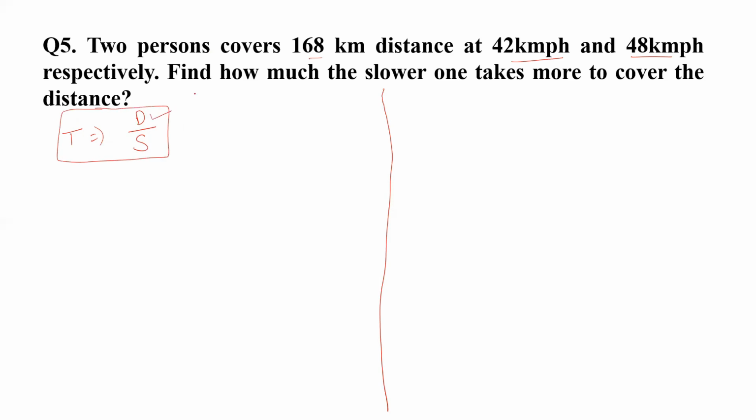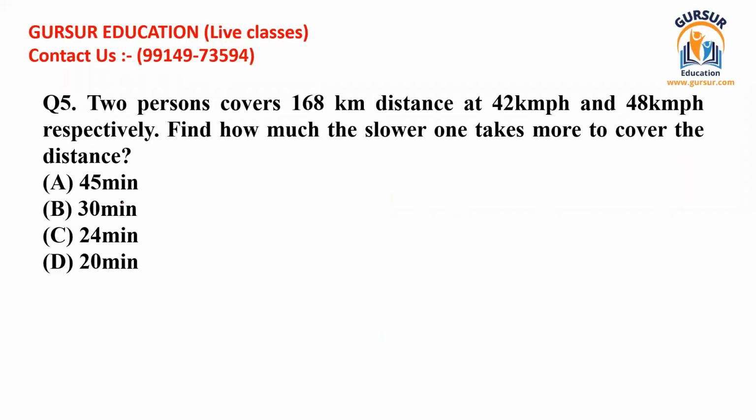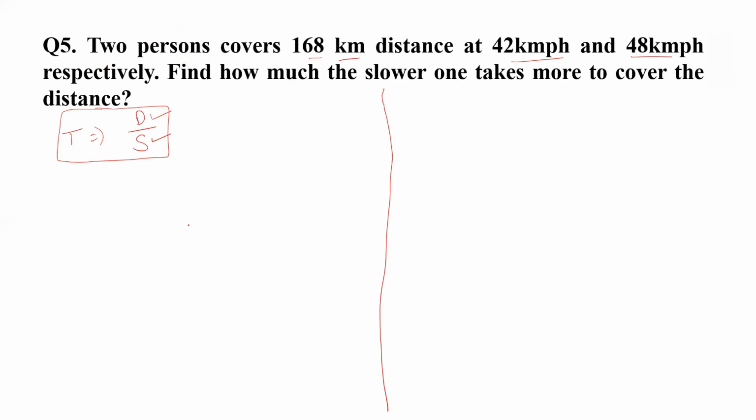Distance is in kilometers, and speed is in the same denomination, so we are not supposed to change it. Although the options are given in minutes, first we shall solve in this way, and if need be, we can change the denomination afterwards.